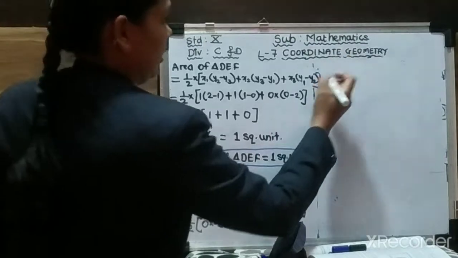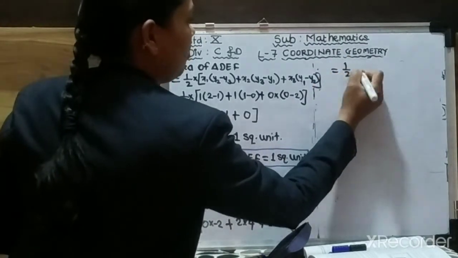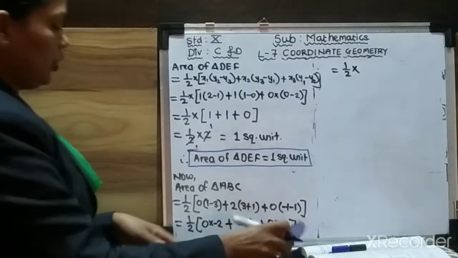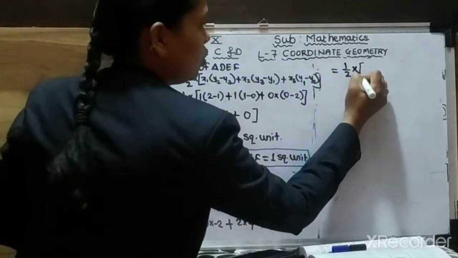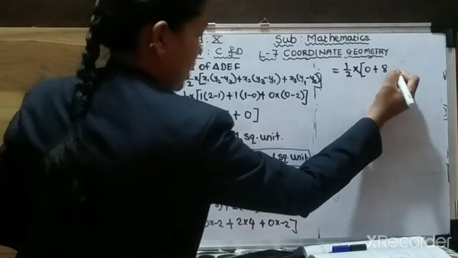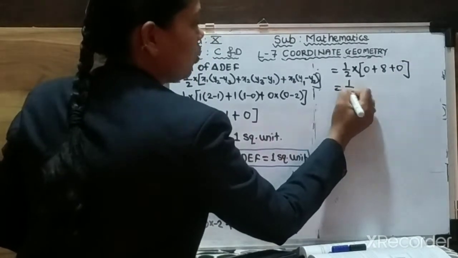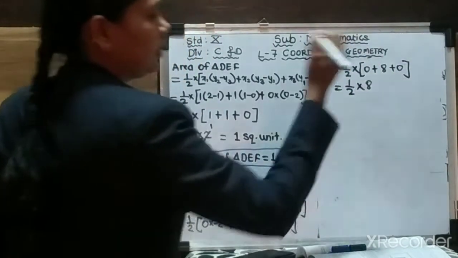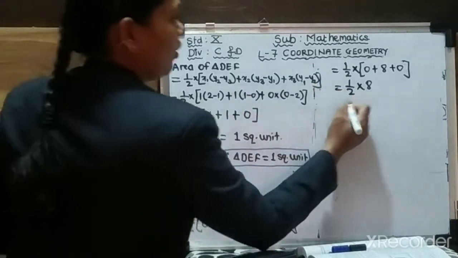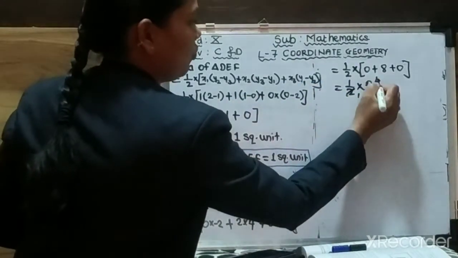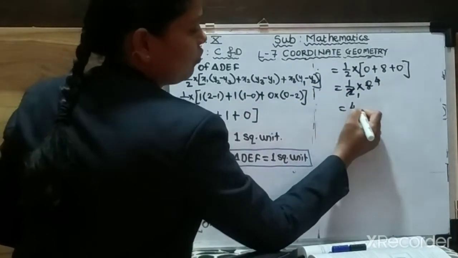So, we will get here half into 0 into minus 2 is 0, plus 4 2s are 8, plus 0. So, that is 1 upon 2 into 8. So, 1 upon 2, 2 4s are 4. Right?